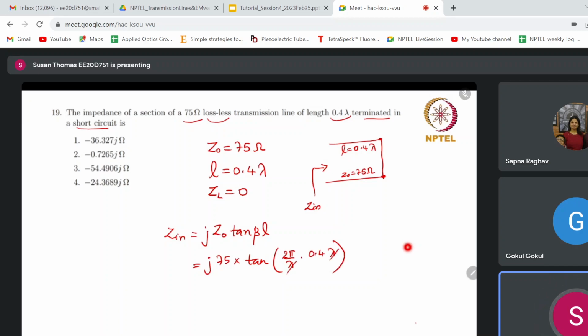Lambda gets cancelled: j 75 tan of 2 into 0.4 pi.